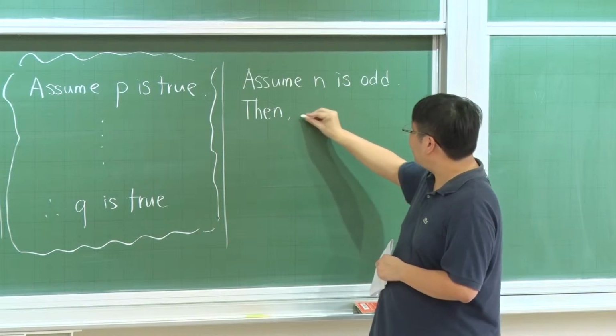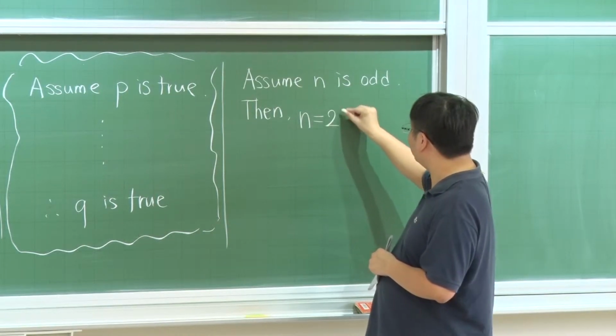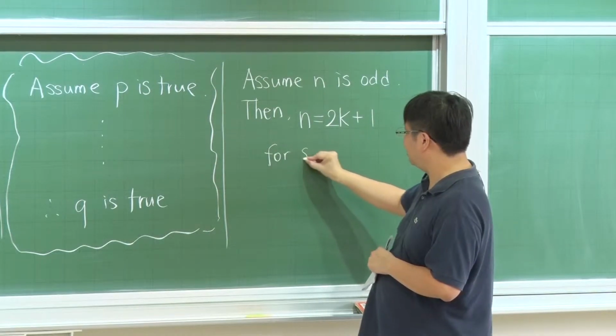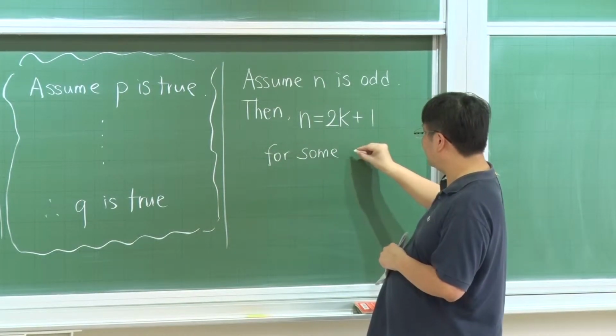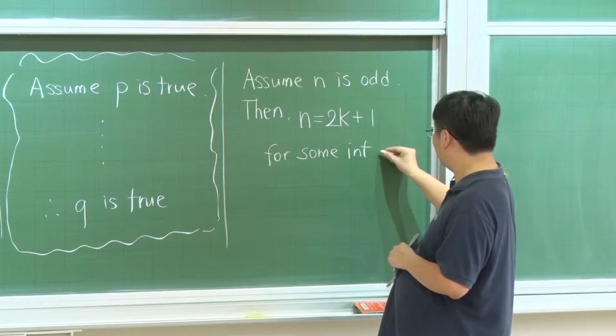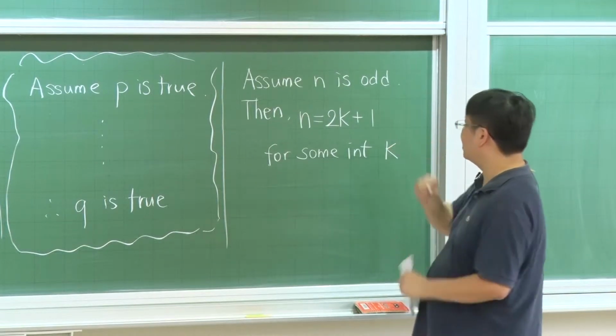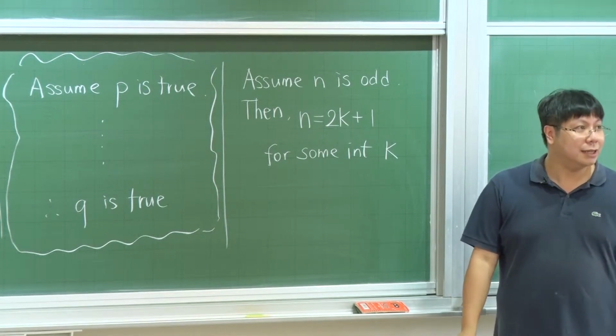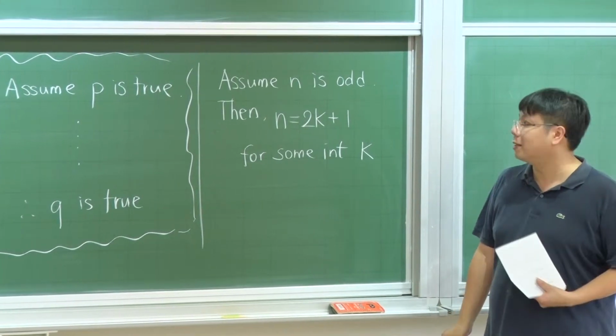So from this we get an immediate conclusion: n is equal to 2k plus 1 for some integer k. This is saying there exists some integer k such that n is equal to 2k plus 1.